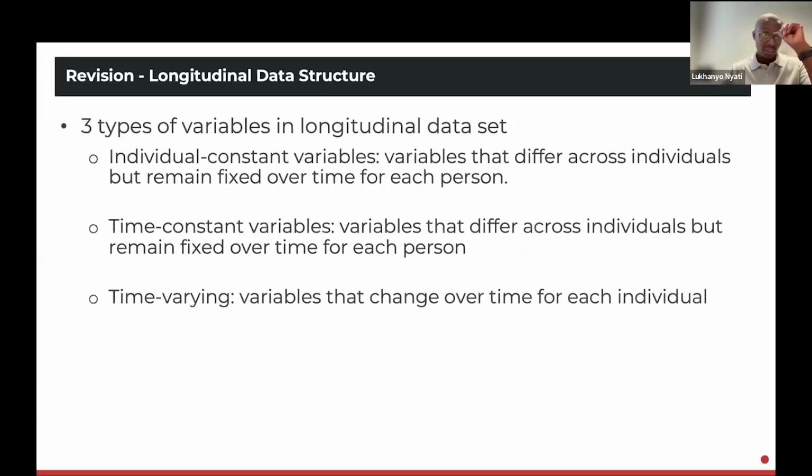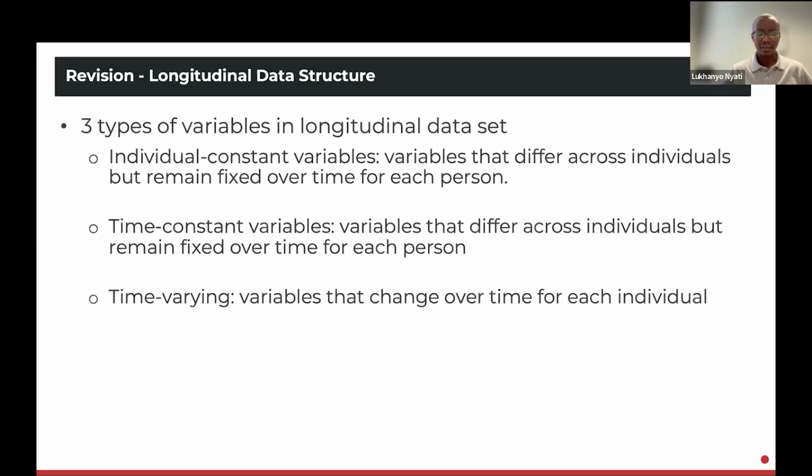So there are 3 types of data in terms of longitudinal data. You've got individual constant variables, and those are variables that differ across individuals but remain fixed over time for each person. You've got time constant variables, and those are variables that differ across individuals but remain fixed over time for each person.